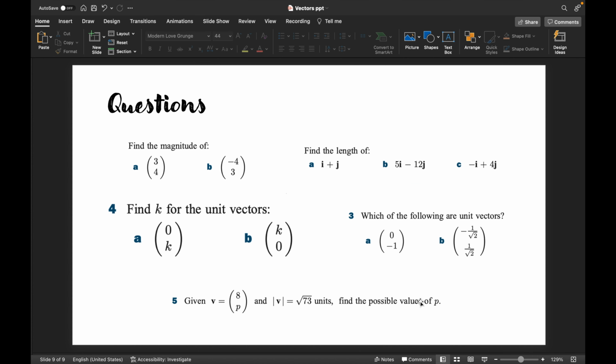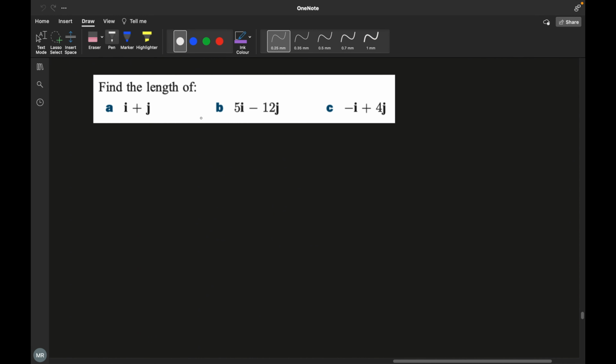And if we've understood that, let's solve the questions. We have to find the length of this. So it's the square root of 1 squared plus 1 squared. We have square root of 1 plus 1, which is square root of 2. This would be square root of 5 squared plus negative 12 squared.